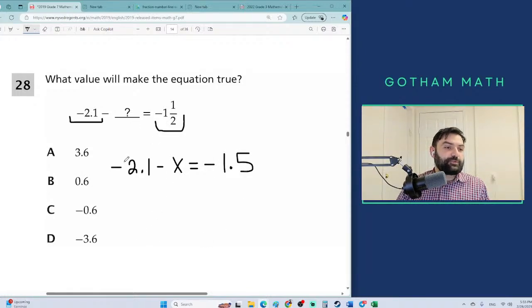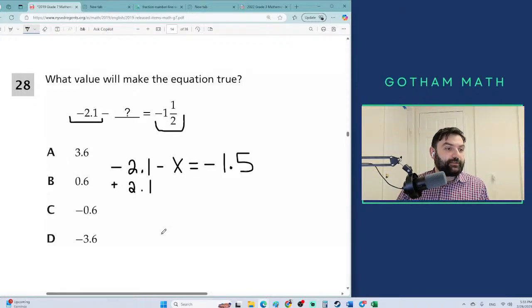All right. So how do we solve an equation like this? Well, we're going to add 2.1 to both sides. Why? Because we want to isolate the x.